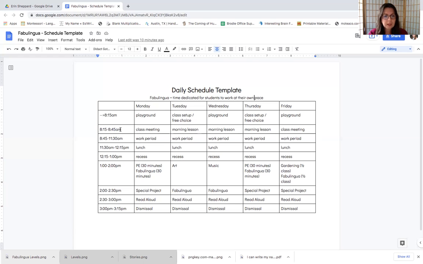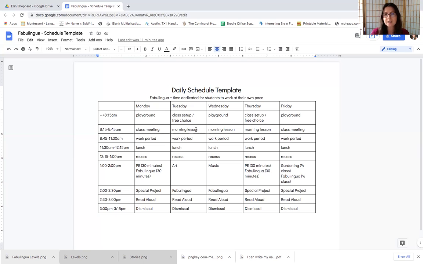Now, you'll notice with this morning block here for class meetings and morning lessons, generally speaking, these morning lessons are not FabuLingua related. Those are morning lessons on grammar or on the layers of the earth, whatever it is that we might need to have a lesson that involves the whole class. Now, I would use that time, and you will see in just a moment on a more specific schedule, to occasionally have some FabuLingua vocabulary games.